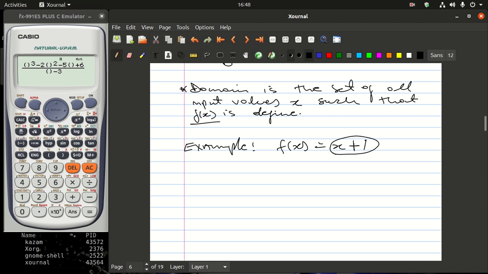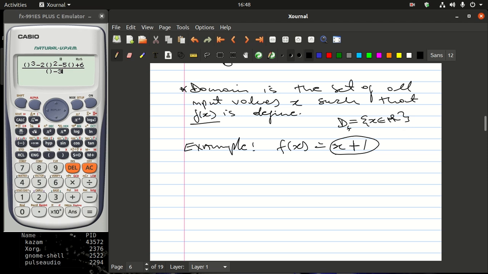So this one is defined everywhere. I can plug in any value here, positive or negative, and it will be defined. So in this particular case, our domain is going to be the set of all real numbers x. That will be the domain of this function. We usually have a subscript to say this is the domain of f, but D is usually fine.